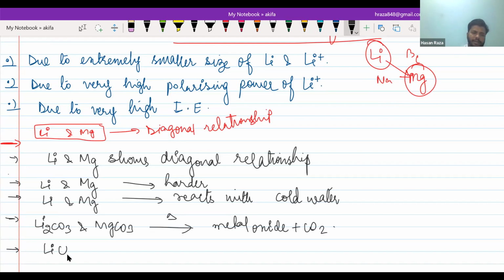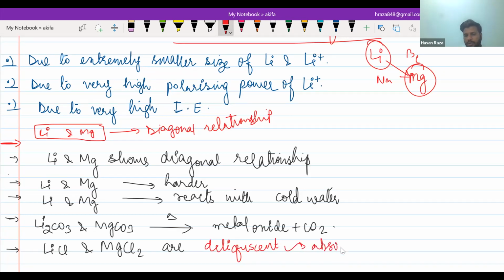Next point, LiCl and MgCl2 are deliquescent, that means they absorb moisture.